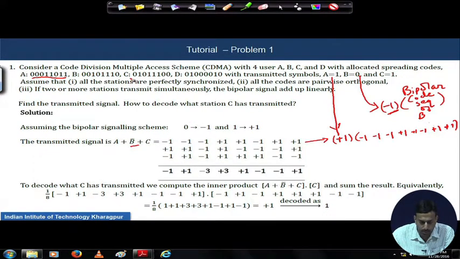C is 1, so 1 multiplied by the code gives you the code itself, just like A.